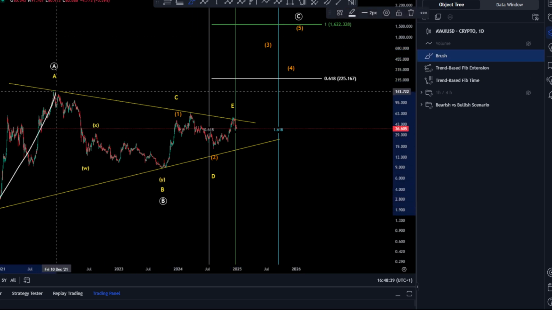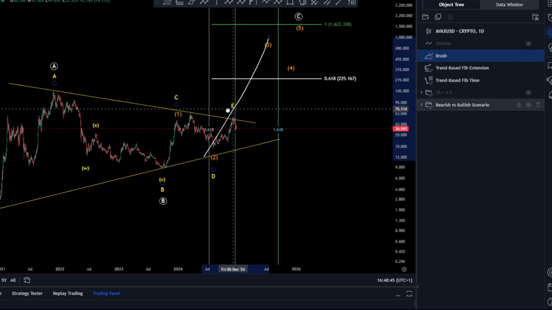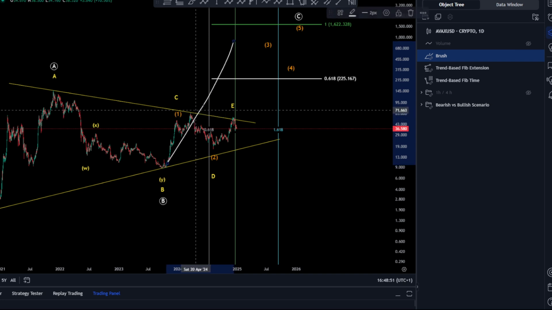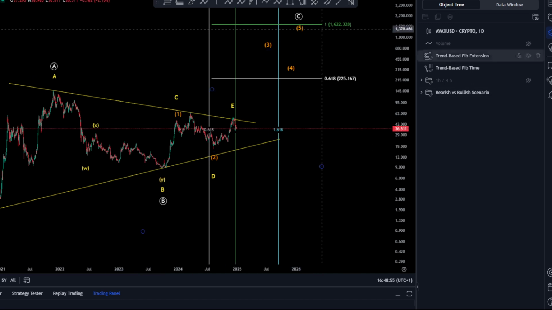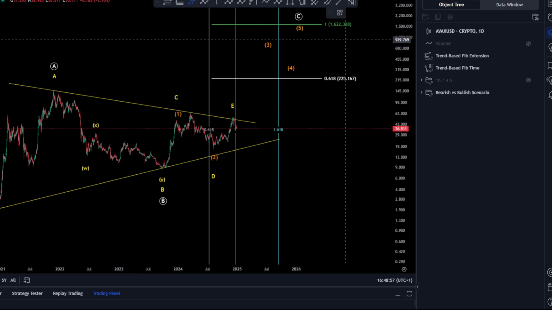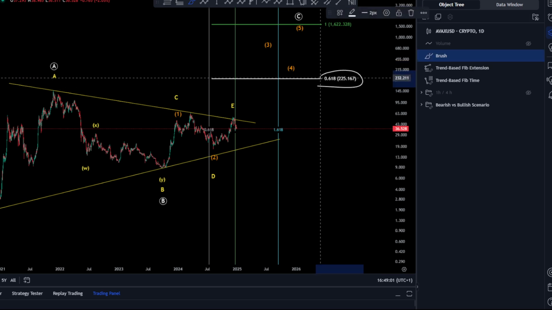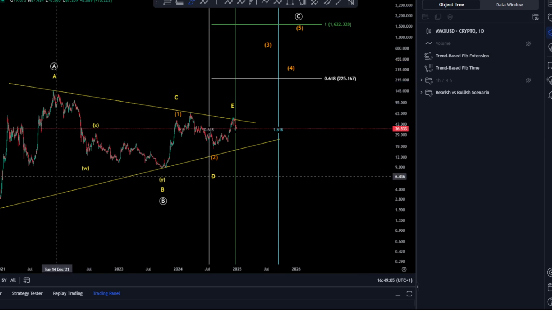Look at this trend in the logarithmic chart, where after this correction we can have almost the same price action. So don't be surprised so much if we get to 1000 or even to 225, which is the uncommon target at 0.618 for AVAX.